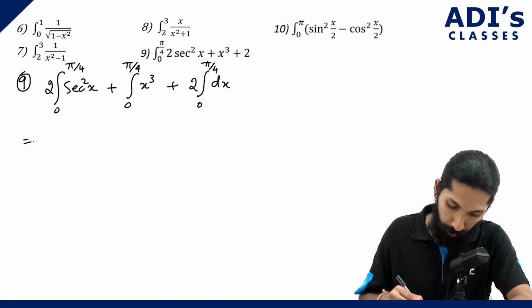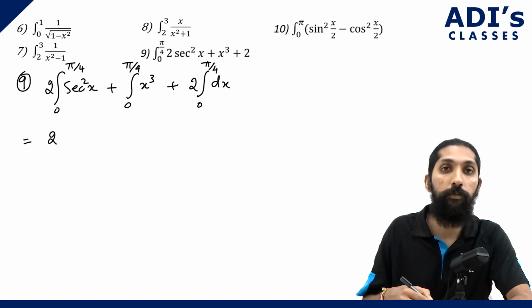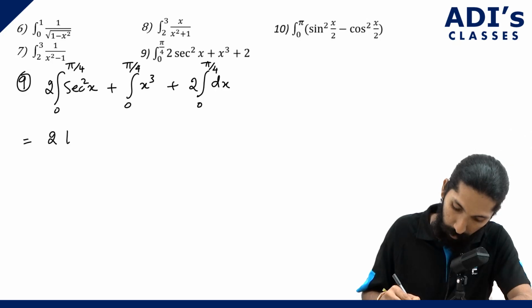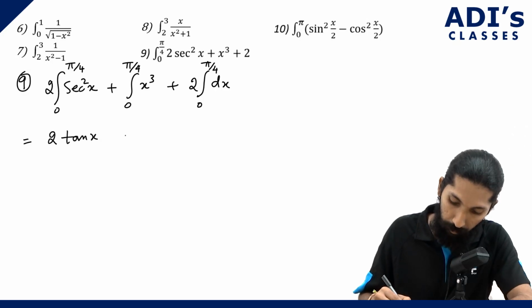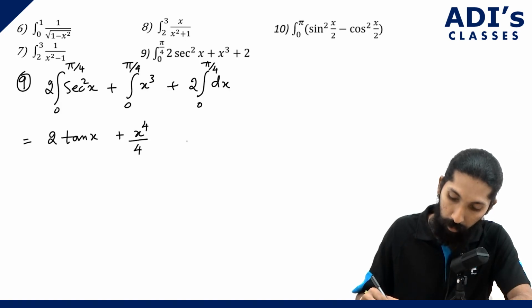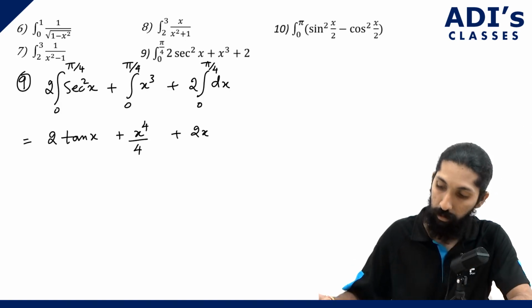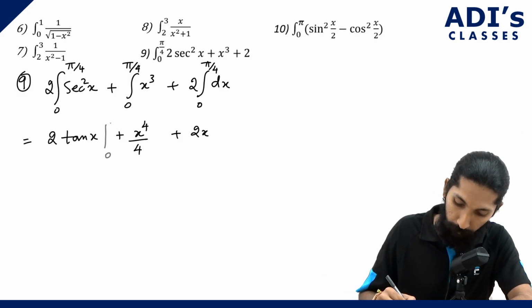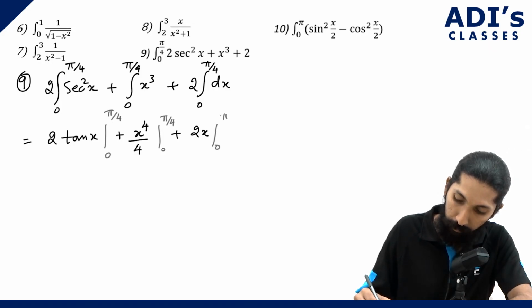So this is going to be 2 times what is the integral of secant square x? Tan x, right? Tan x plus x power 4 by 4 plus 2x. Now limits 0 to pi by 4, 0 to pi by 4, 0 to pi by 4.